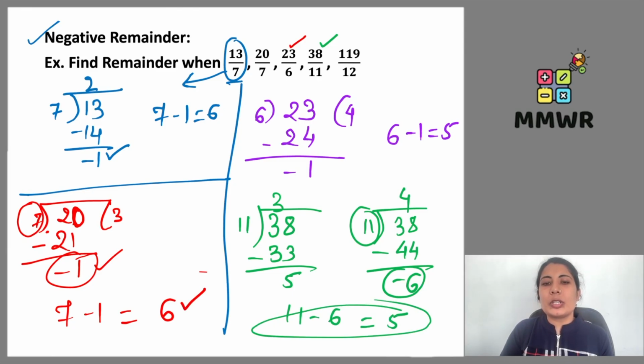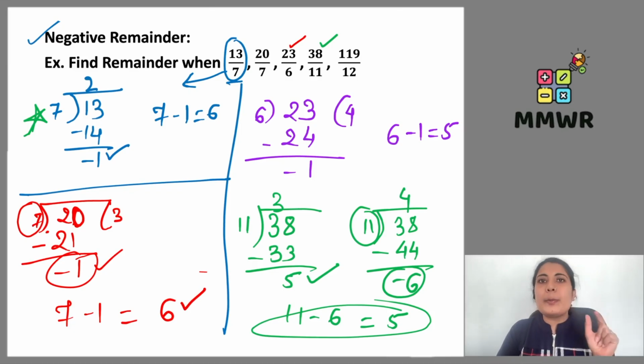So, actual remainder is going to be 5, but with the help of negative also we calculated. Rather than doing the actual division, we can take the help of negative remainder. So, this type of example I was talking about. I'll show you more difficult level of question also where you yourself decide whether normal division is better or we should find the negative remainder, so that we can divide it further. Okay, so 38 divided by 11 gives me positive remainder 5, but the negative remainder is minus 6.